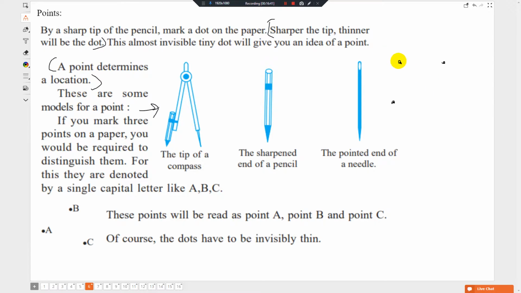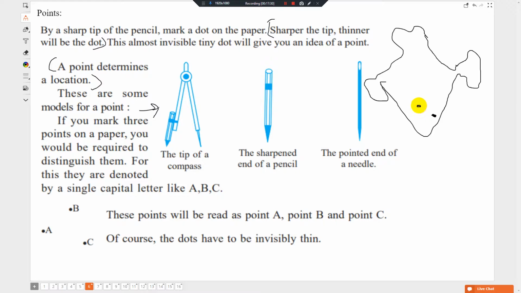Think that this is the map of India. Imagine this is the map of India, and we are in Chennai.